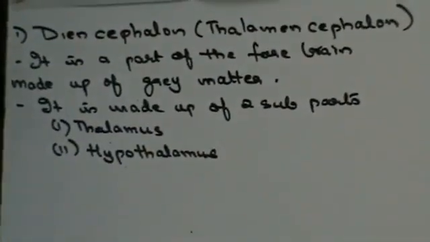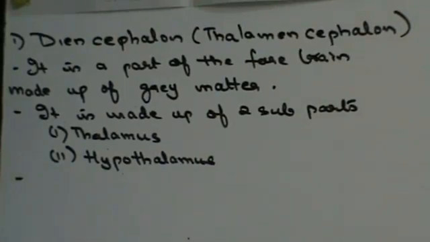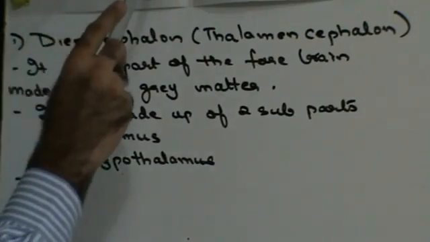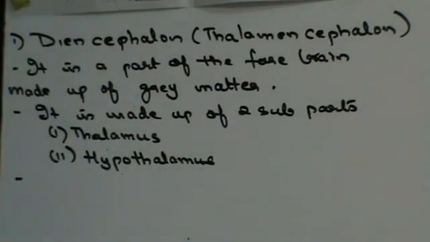Now, what is thalamus? Thalamus is made up of two round masses within the cerebral medulla, just below the corpus callosum. Here you can see these two round masses, one here and one here. These are the two round masses of the thalamus.